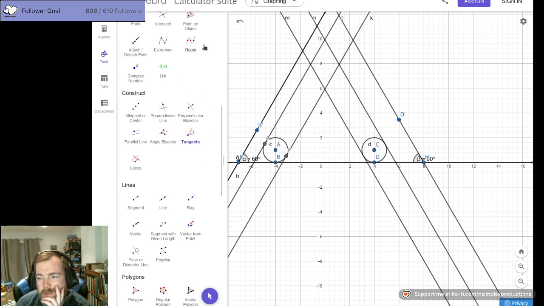Alright, is there a way to just hide stuff? Okay. Then this also shows us where the circle has to be. Is it just 8? That seems wrong.